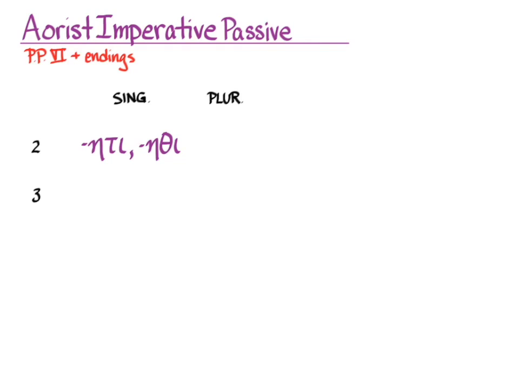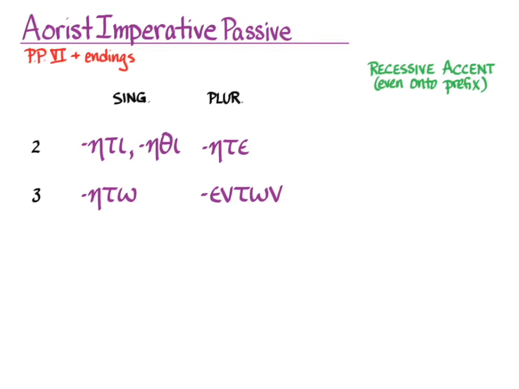But that's a pretty easy ending to see that it's the same thing as its alternative. Moving on, in the third person singular, we have ete, then eto, and entone. Accent is recessive. The default translation is be verbed, or let her, him, it, or them be verbed.